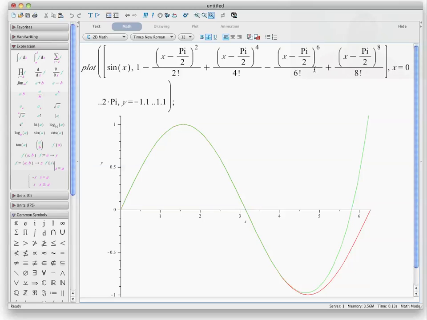So that's the basic idea behind, we're going to come to Taylor and Maclaurin series, but right now we're talking about the idea of using polynomial approximations, which we will develop into Taylor and Maclaurin series to approximate other functions.